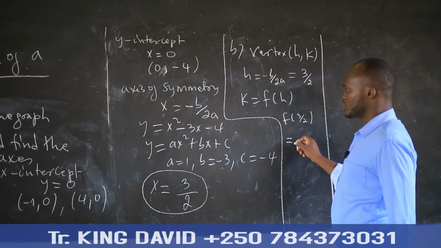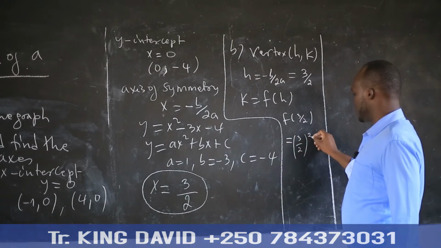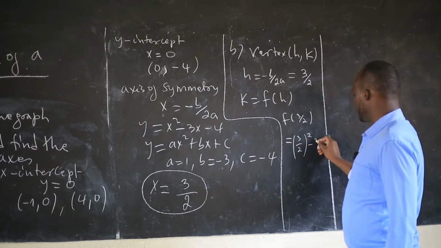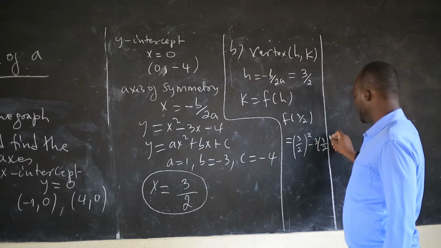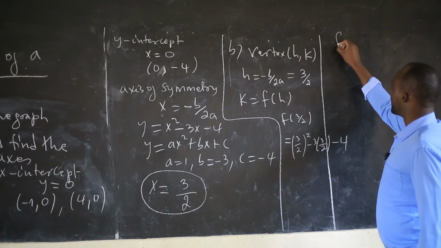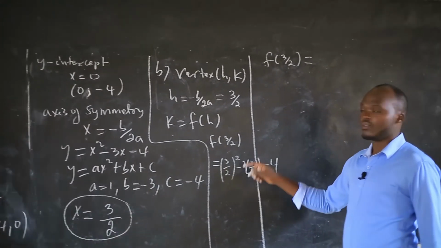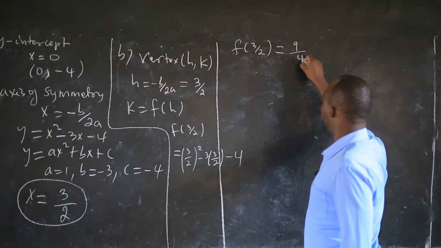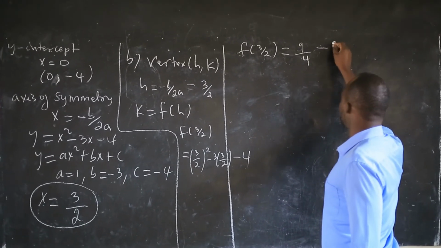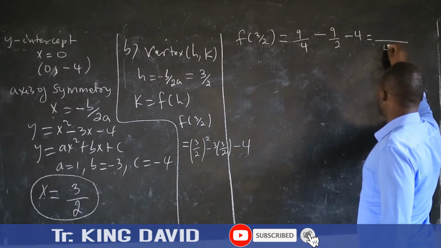So f of 3 over 2 equals 3 over 2 squared minus 3 times (3 over 2), then minus 4. The answer is 9 over 4 minus 9 over 2 minus 4. We're going to find the LCM. LCM is 4.